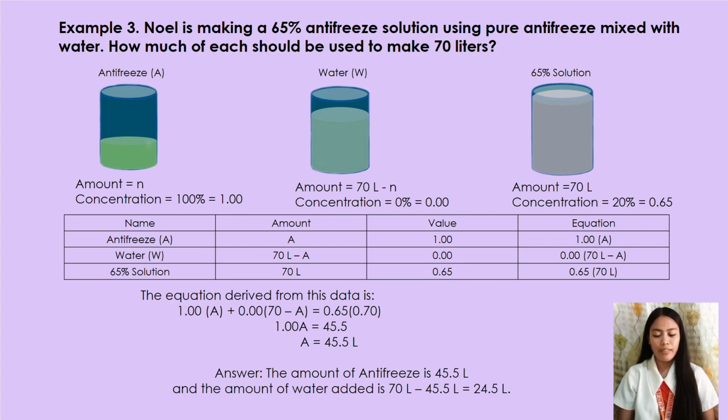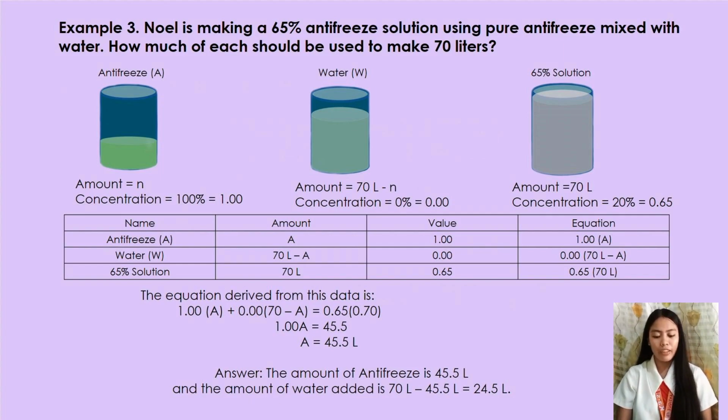Their amounts: A, water has 70 liters minus A, and 65 solution has 70 liters. Their values: 1.00, 0.00, 0.65. And equations: 1.00 times A, 0.00 times 70 liters minus A, 0.65 times 70 liters.